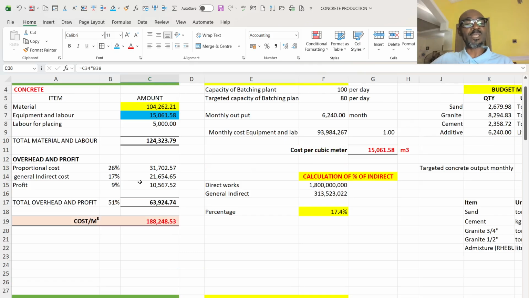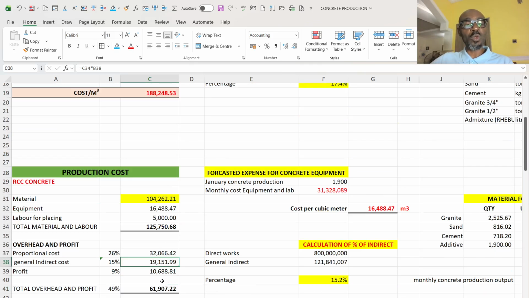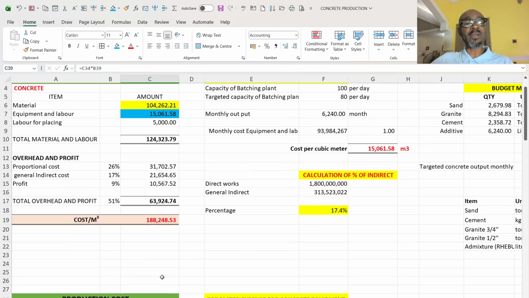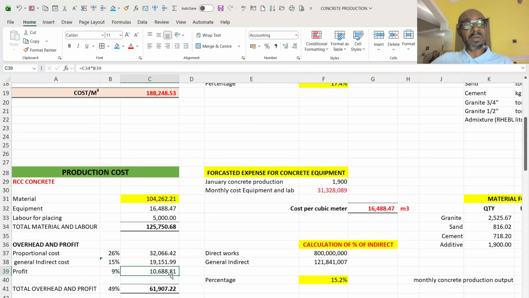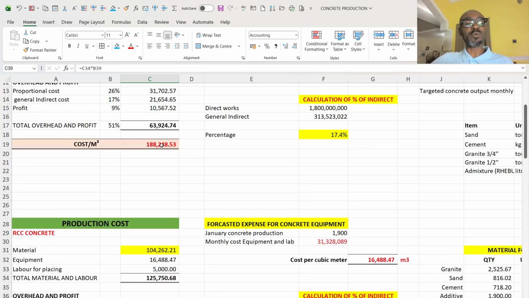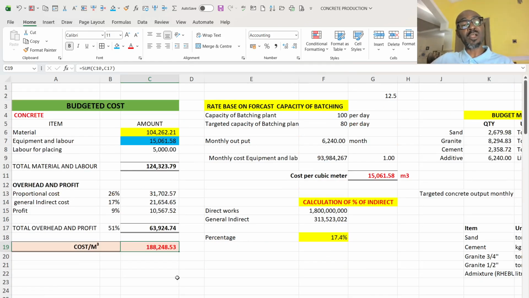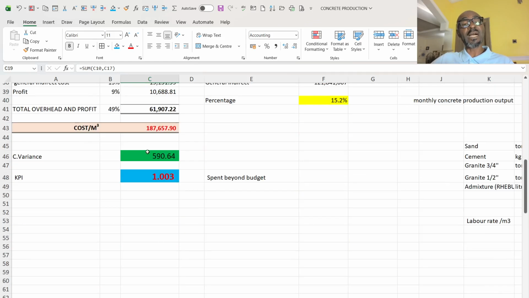Then the general prelims, I am low. Then my profit and overhead, I am within. So as against my budgeted cost, which is 188, I am doing 187, and I'm making overall savings of 590 naira 64 kobo.